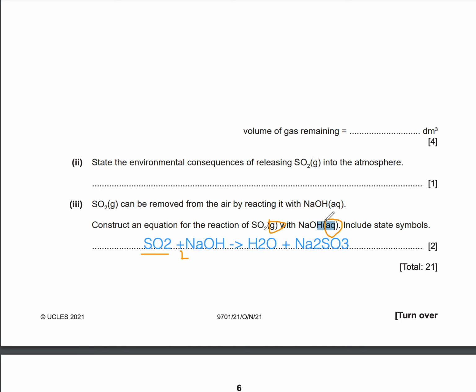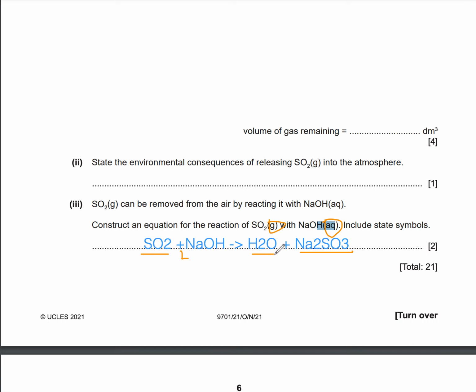NaOH is aqueous. H2O is liquid as we all know, and sodium sulfite is aqueous because it is dissolved in water.